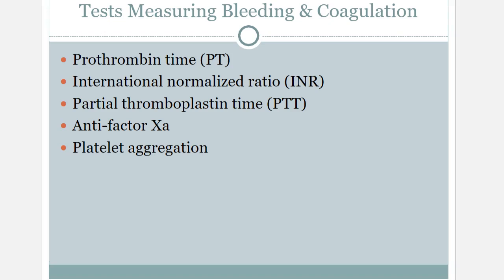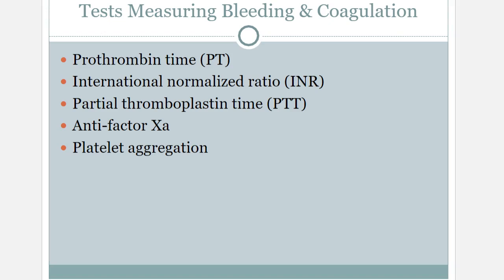And then, of course, a PTT, partial thromboplastin time, which is a test we use to measure the bleeding time when our patients are on heparin. And then anti-factor Xa.